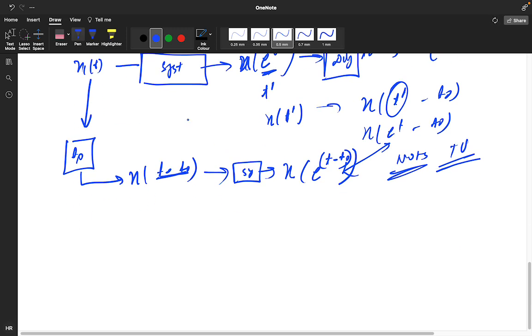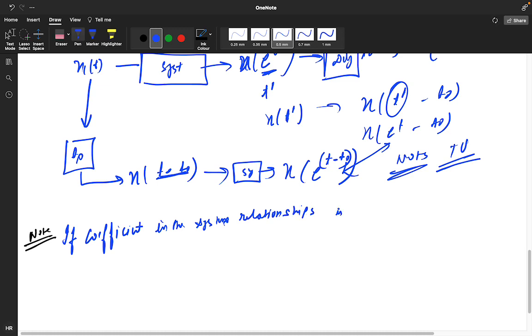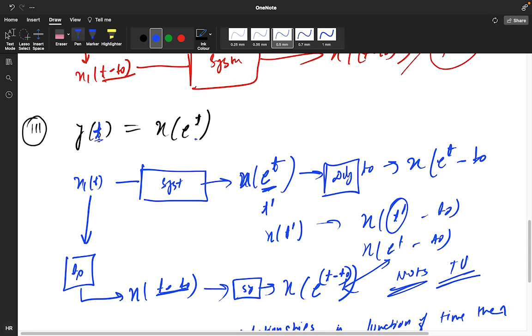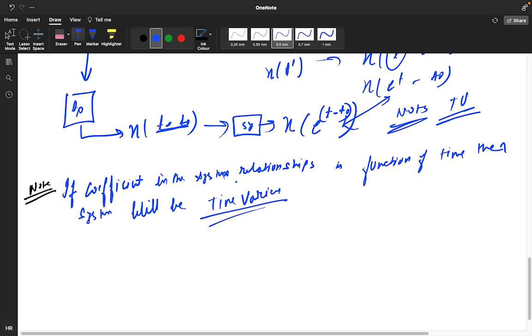So write the note point. If a coefficient in the system relationships is a function of time, then the system will be time variant. See, whatever the things, this is the system as a function of time.